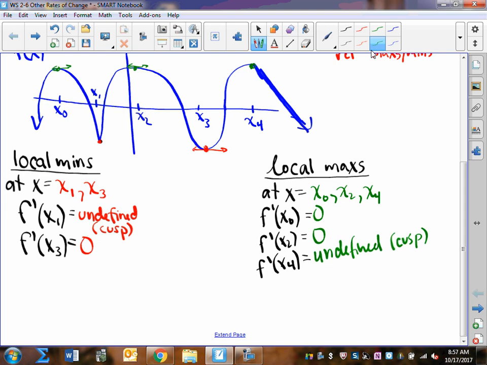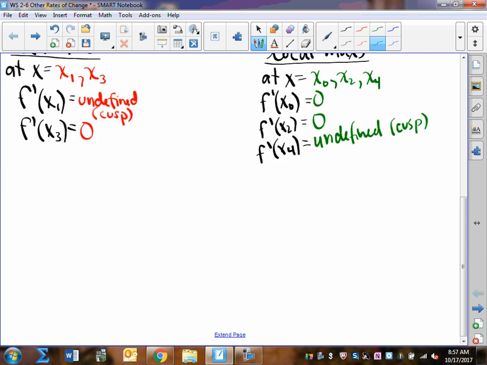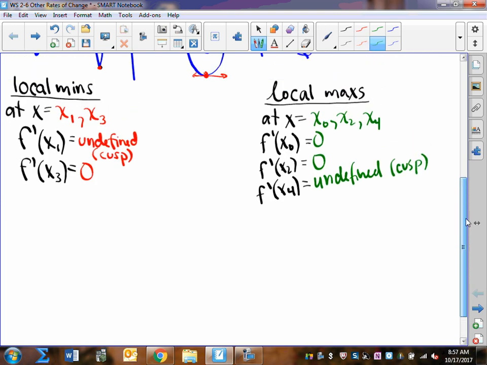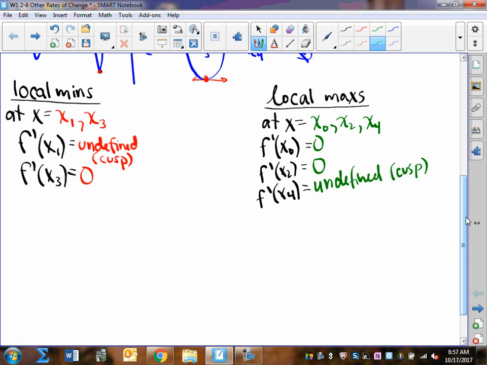Now, just because it's undefined or 0 doesn't automatically mean it's a max or min, but if it is a max or min, then that means your derivative was 0 or undefined. All right, so keep that in mind. We'll summarize this all together. Critical points, critical values are potential maxes and mins. So something else we could say is our critical points or critical values come from our derivative being 0 or undefined.